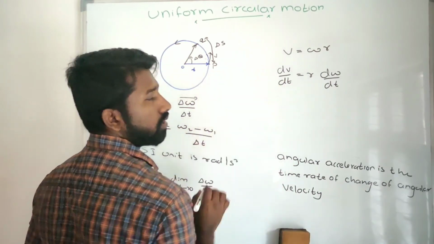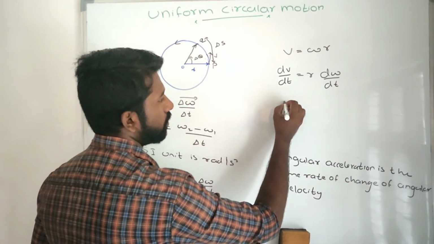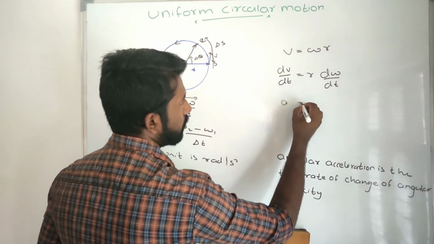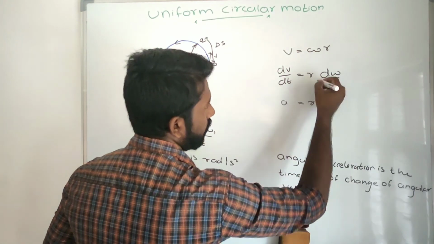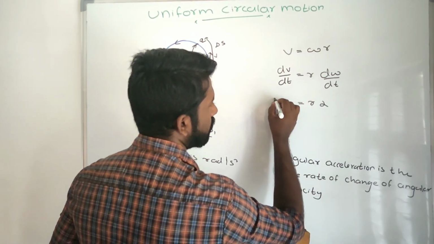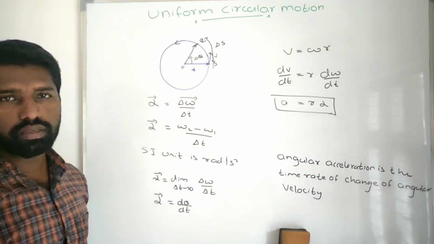What is dv divided by dt? That is the linear acceleration, equal to the radius into the angular acceleration. This is about the relation between linear acceleration and angular acceleration.